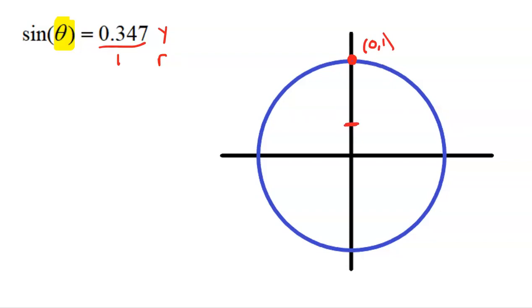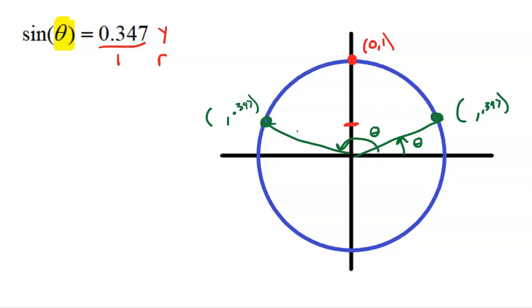And this is where we realize we have our problem, because here is a point, here is an angle that would have that corresponding y value of 0.347. Not really worried about x right now because it doesn't say anything about x. We're dealing with sine. But here is another angle right here. We'll call that one theta as well. That also has a y value of 0.347.